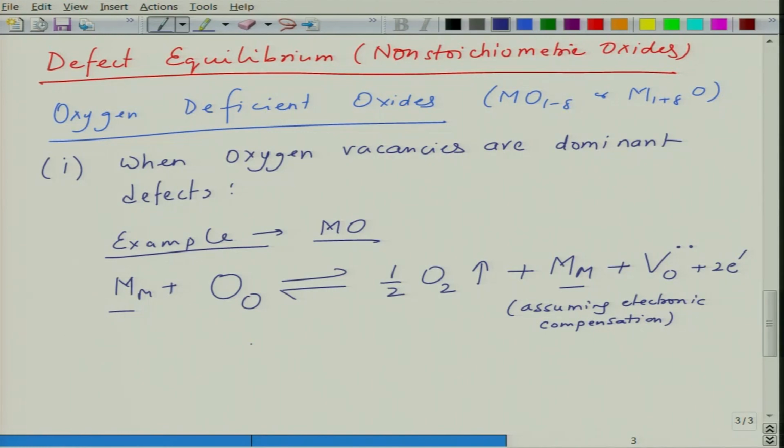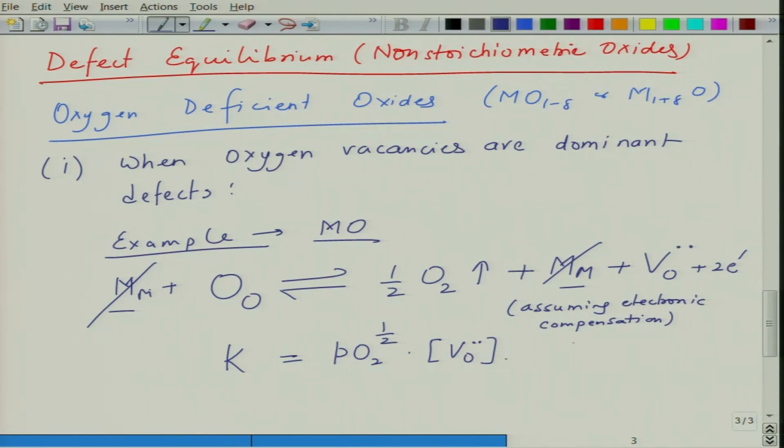Now if you want to write down the defect reaction, you can write down the reaction constant, K, which is equal to PO to the power half into VO. We can ignore MM because it cancels on both sides.